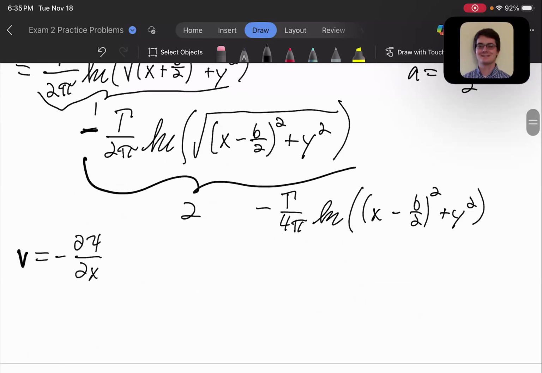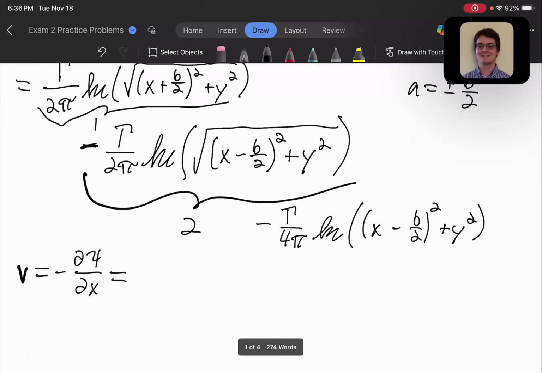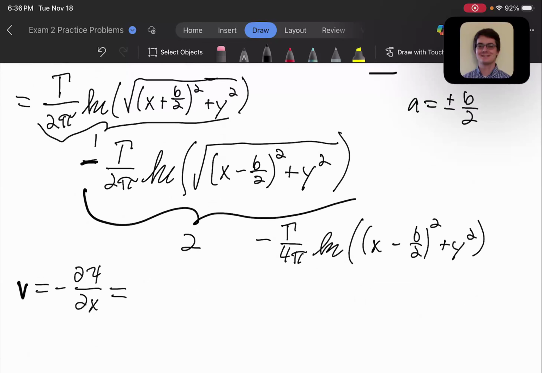So just to finish this out, what we're going to have is gamma over 4 pi, doing the same thing to the other natural log here, times, does everybody know what the derivative of the natural log is?